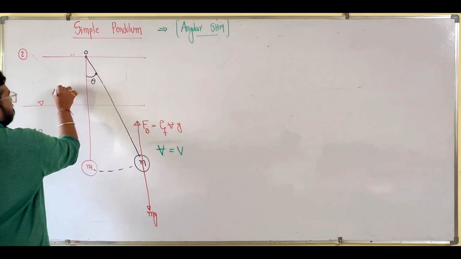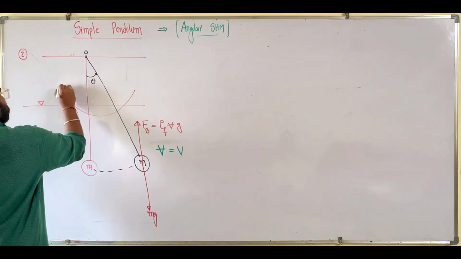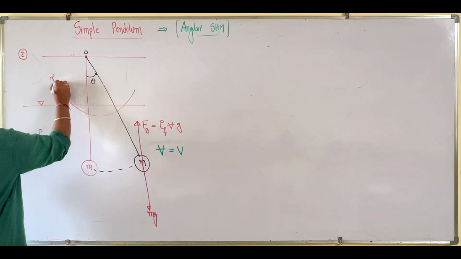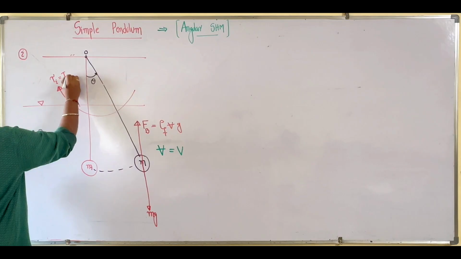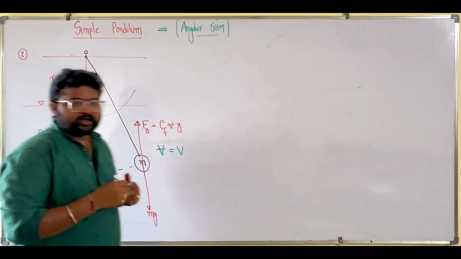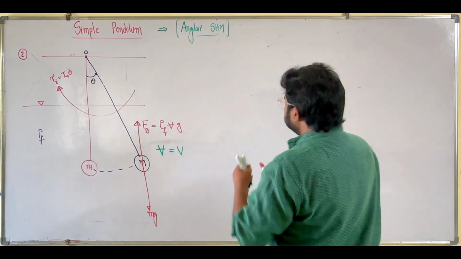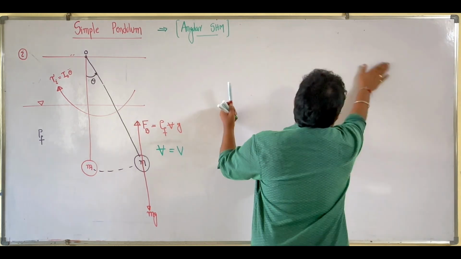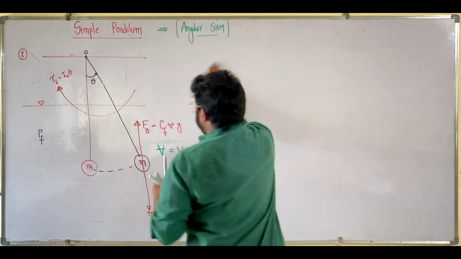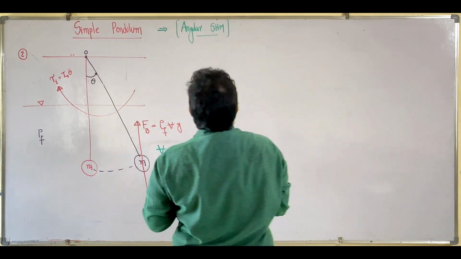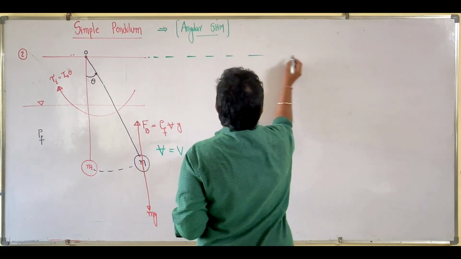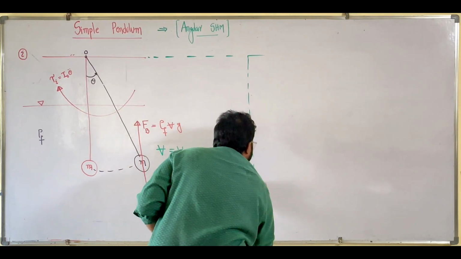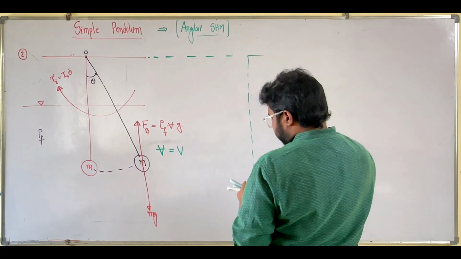Then the inertia torque always acts opposite to the direction of angular motion, I naught theta double dot. So we need to convert like this. Draw the free body diagram separately.